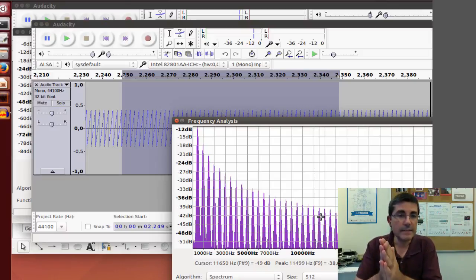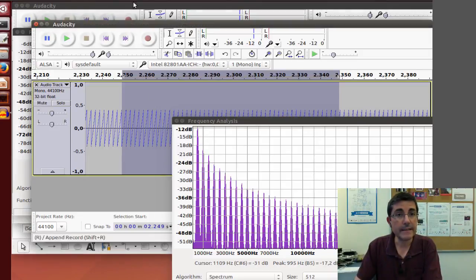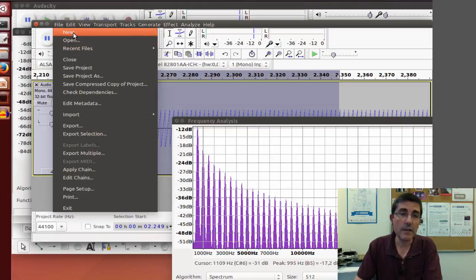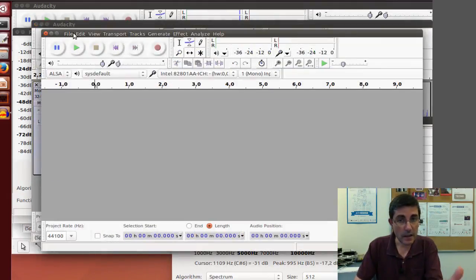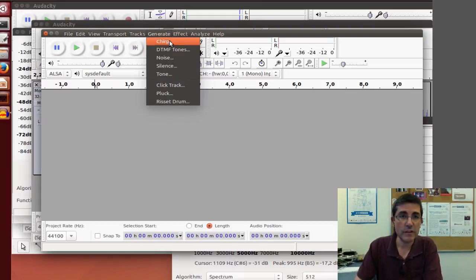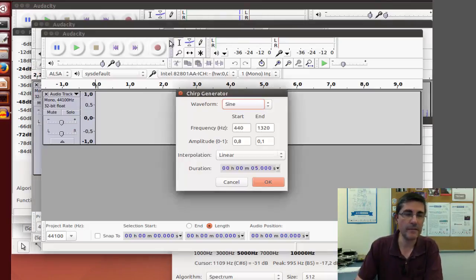Okay, now let's do something a little bit more complicated. Let's generate one signal, but instead of being the same frequency all the time, let's have it change in time. These are normally called chirp functions.